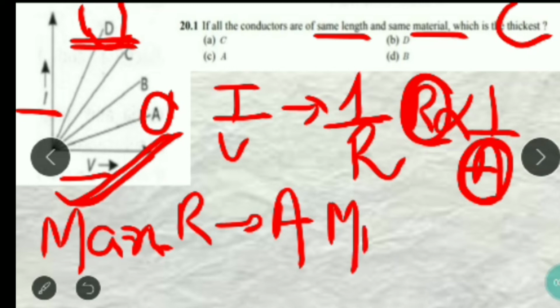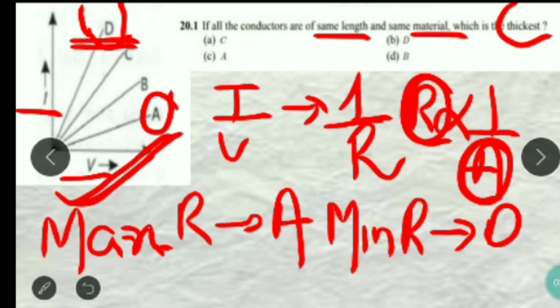D का। As we have already discussed, minimum resistance is of D. So if the question is saying which wire is the thickest, answer would be D.